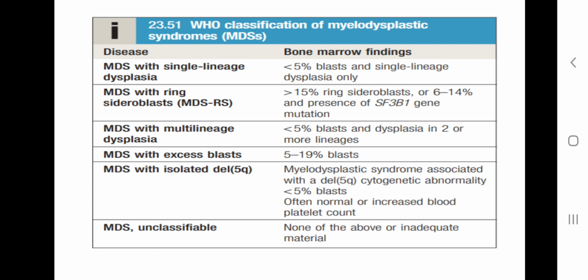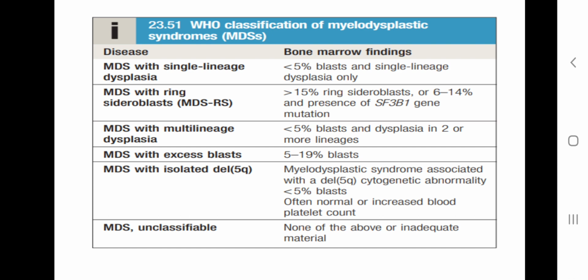WHO classifies myelodysplastic syndrome into 6 types: MDS with single lineage dysplasia, MDS with ringed sideroblasts, MDS with multi-lineage dysplasia, MDS with excess blasts, MDS with isolated deletion of 5q, and unclassifiable.